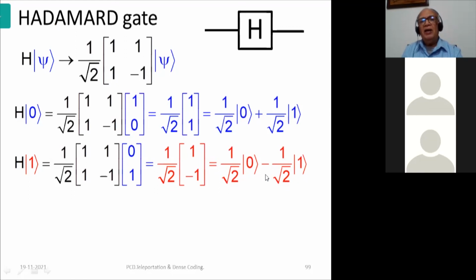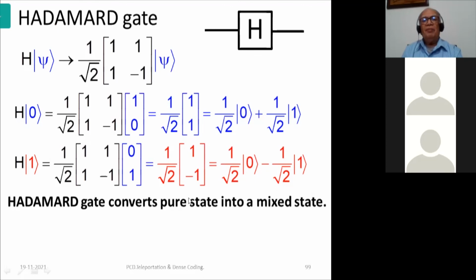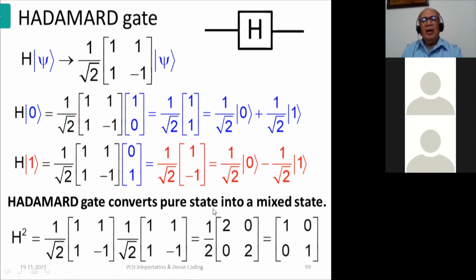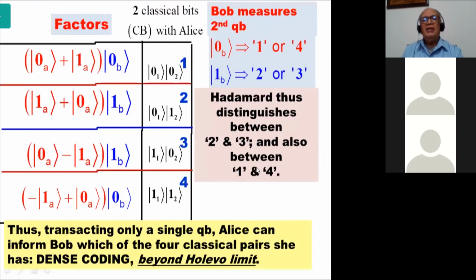So the Hadamard is sensitive to this sign. It converts a pure state into a mixed state. And then if you apply it again, it converts a mixed state into a pure state. So a Hadamard, when you operate it twice, gives you a unit matrix. So it can distinguish between this plus sign and minus sign.